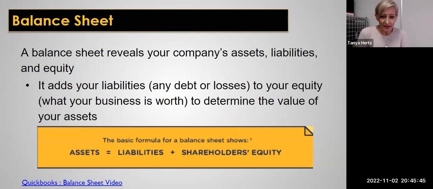All right, so balance sheet, we talked about it before. A balance sheet is your company's assets, liabilities, and equity. It adds your liabilities, any debt or losses, to your equity, what your business is worth, to determine the value of your assets. It can be a little confusing because remember, on a balance sheet, everything balances out. And so a liability, you think, it's an expense, right? So you're thinking, okay, well, that should take away from my company's value.